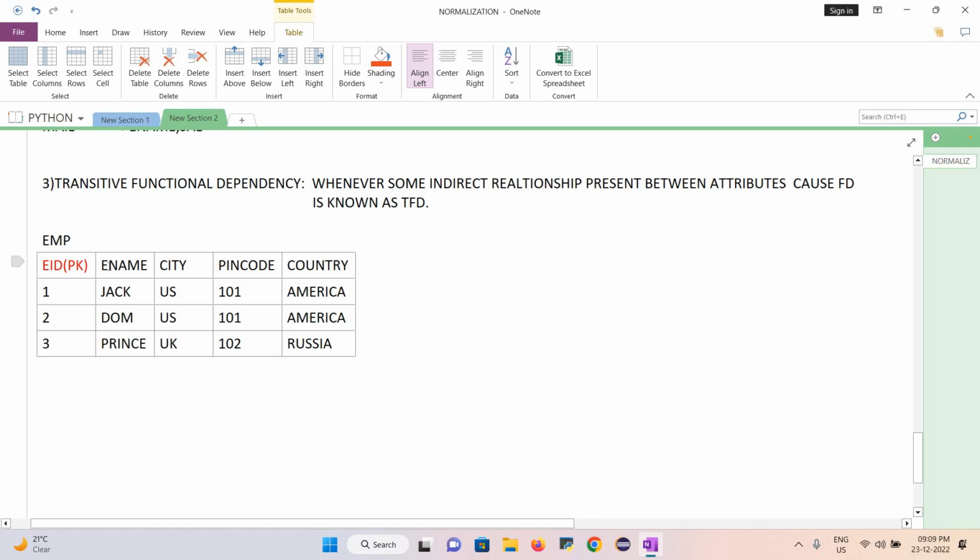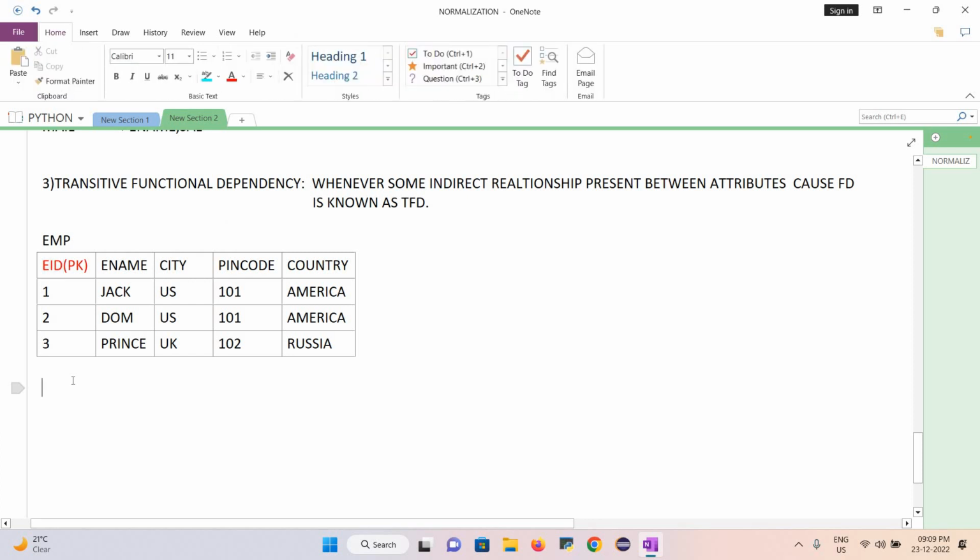So here, this is my prime key attribute, and these are the non-prime key attributes. Let me write it: employee ID is my main key. All attributes are dependent: e-name, city, pin code, and country. All are dependent on the main attribute.